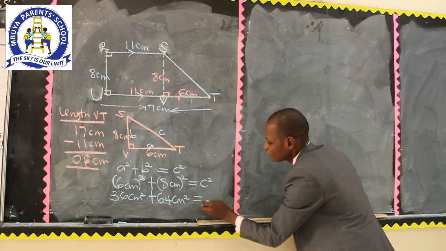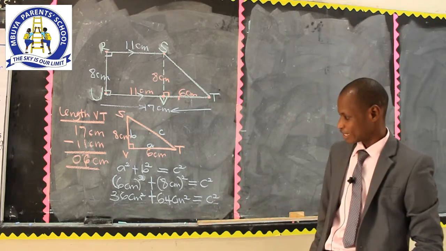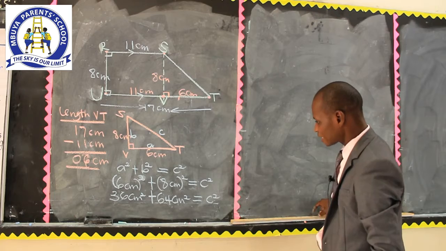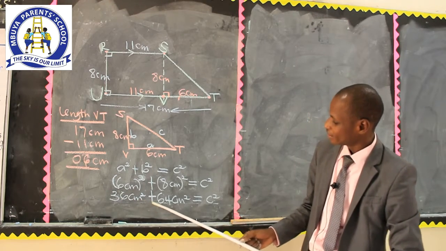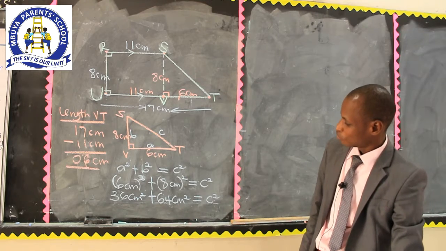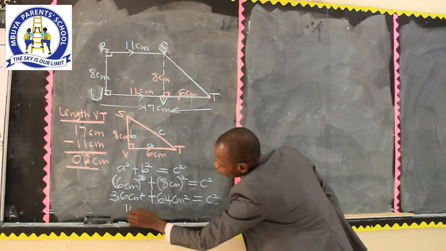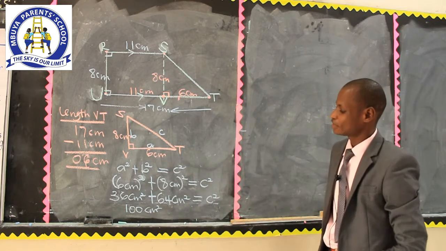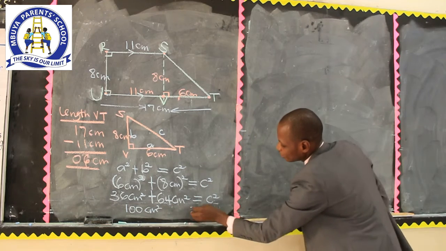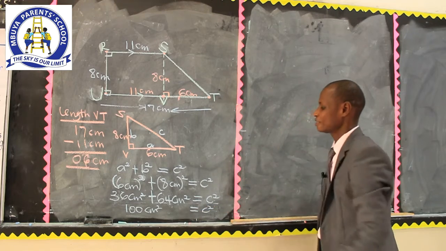This gives us the result of C squared. At that level we add the 36 and 64, which will give us 100, and of course the units, 100 square centimeters equaling C squared.